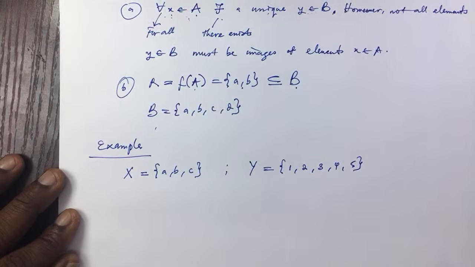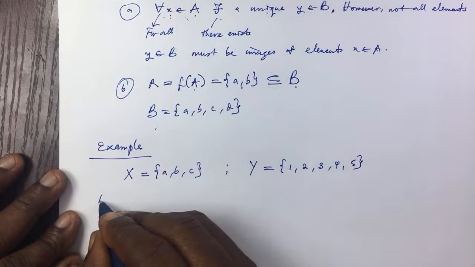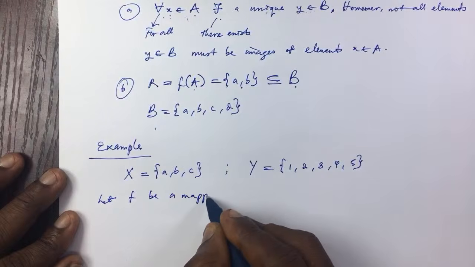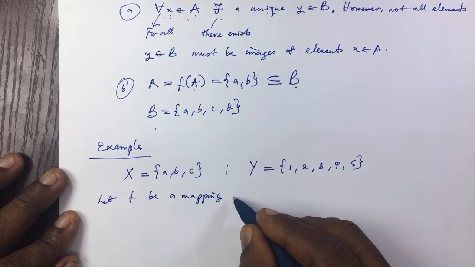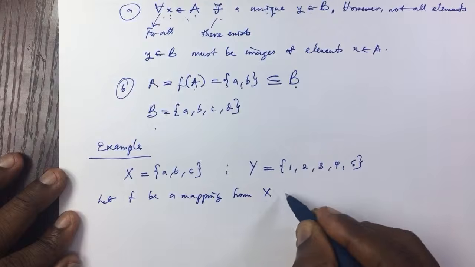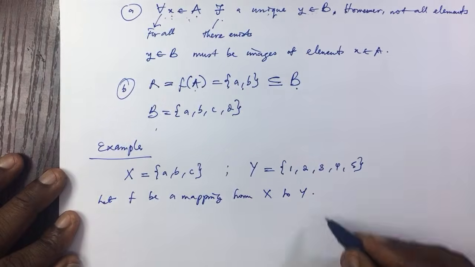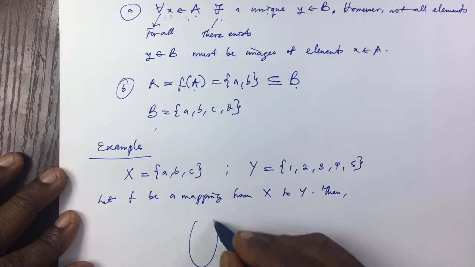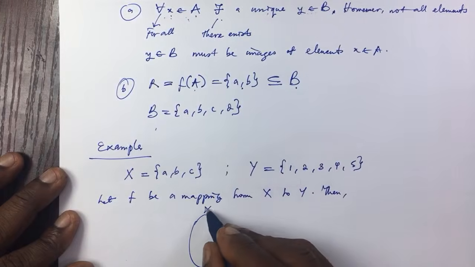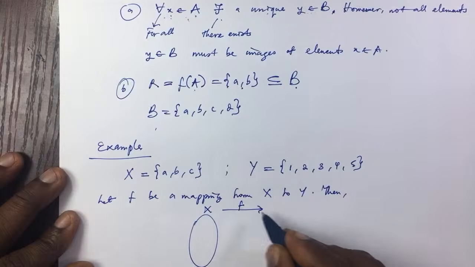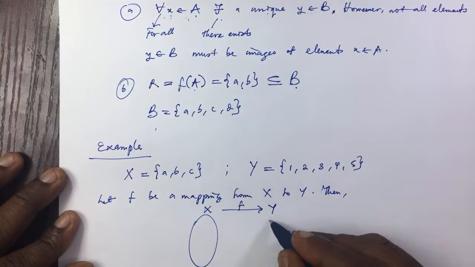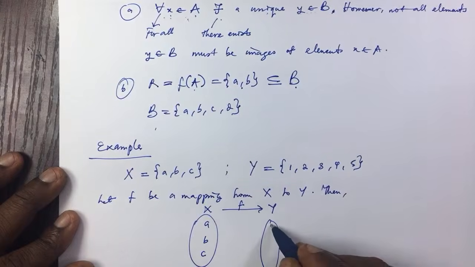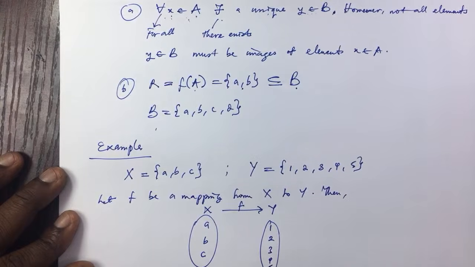Now, I could define a mapping. Let F be a mapping from X to Y. Using the arrow diagram again, X going into Y under F, I would put here a, b, and c, and here 1, 2, 3, 4, and 5.